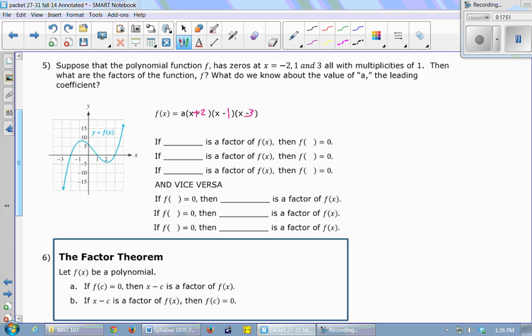All right. And we also know the reverse. If we know that x plus 2 is a factor, then that means -2 is a 0, so f of -2 would be 0. And if we know a factor of x minus 1, then you have f of 1 equals 0, because 1 is a 0. And if x minus 3 is a factor, then f of 3 equals 0.